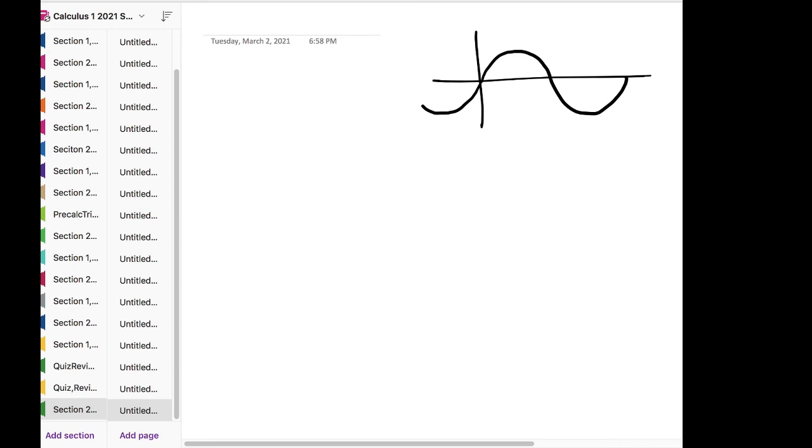So if you remember, last time when we talked about the second derivative, what was special about 0? It was where the derivative was maximal.